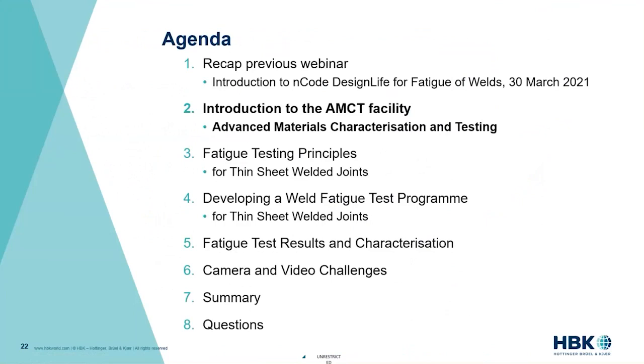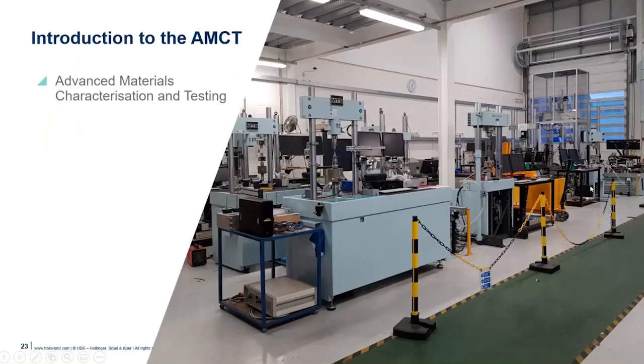The second part of our introduction, again with a pre-recorded webinar, is introducing the AMCT facility for advanced materials characterization and testing. So here we have a photograph of the AMCT lab at our offices in Sheffield in the United Kingdom.